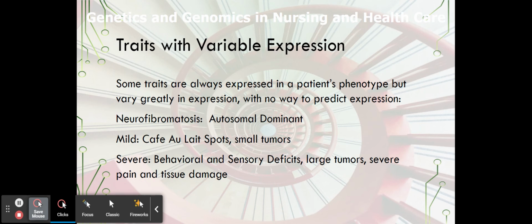We kind of know to look for it when we see a newborn that has a lot of cafe au lait spots, or tan spots on the skin. It can be mild, and restricted to maybe some coloration on the iris or some small tumors that don't cause any problems. They're benign and they don't impinge on anything. Or the disease can be severe. And the presence of that allele does not govern the severity of the expression.